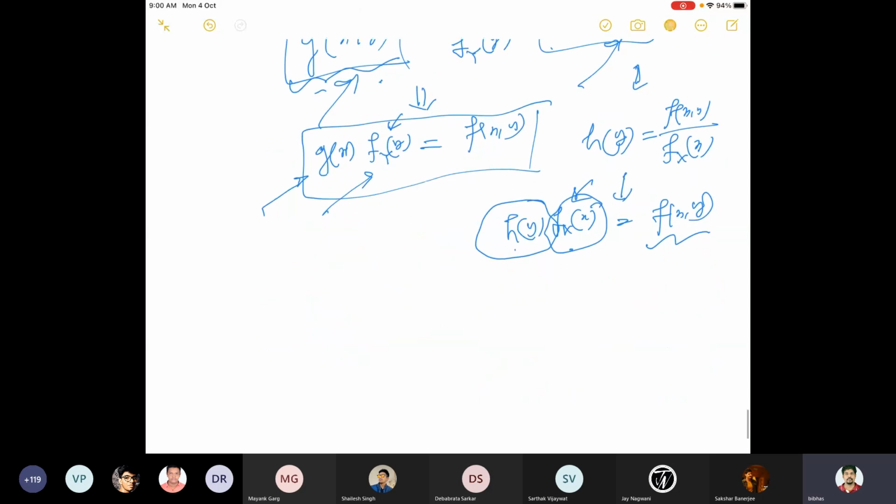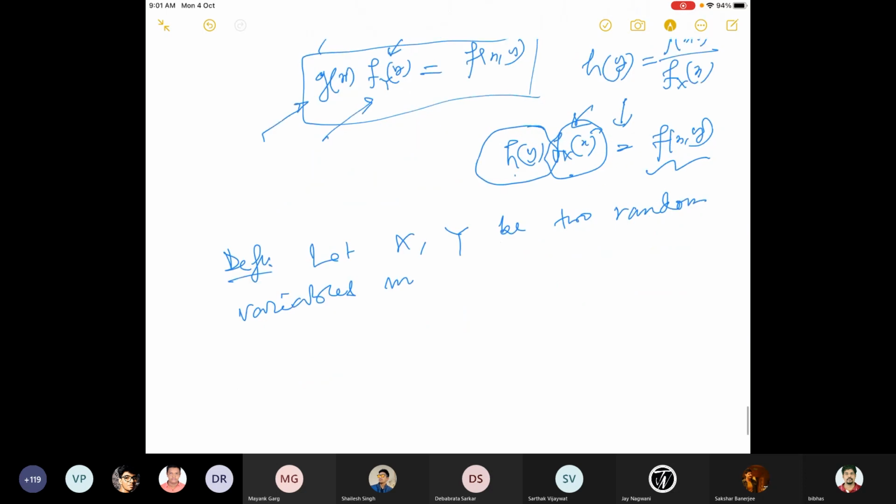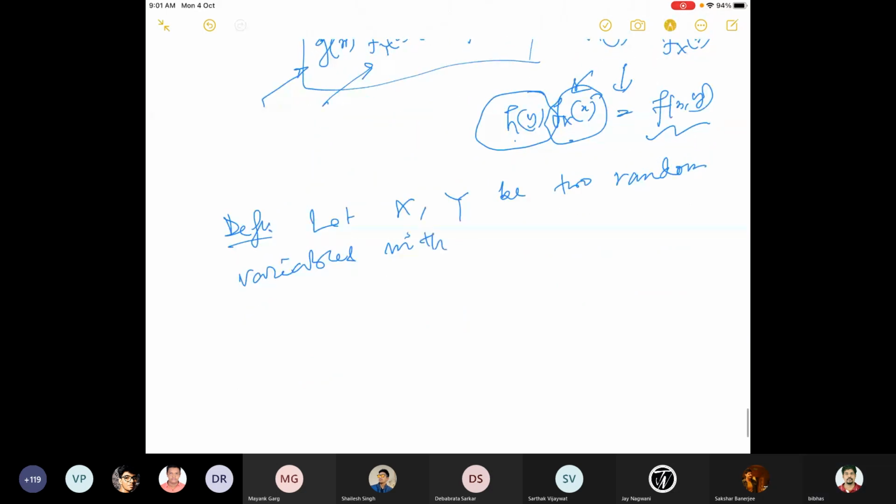So let me just write the definition itself. Let X and Y be two random variables with joint PDF f(x,y).